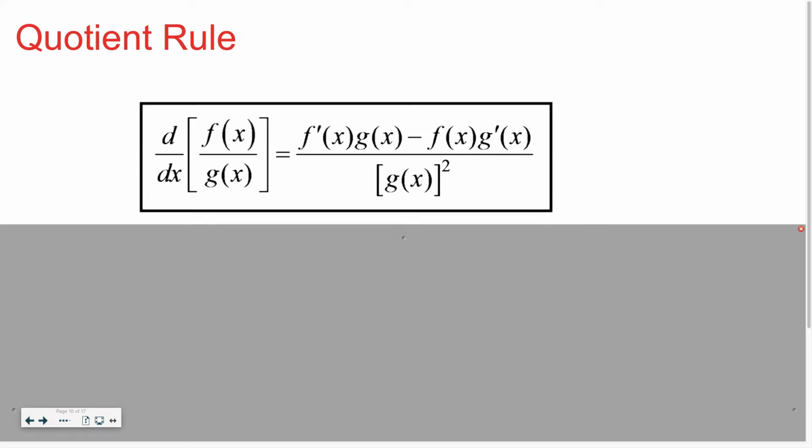The derivative of f divided by g is f prime times g minus f times g prime. That's very similar to what we just saw, except there's subtraction, so order will matter. All over g squared. Write it down.